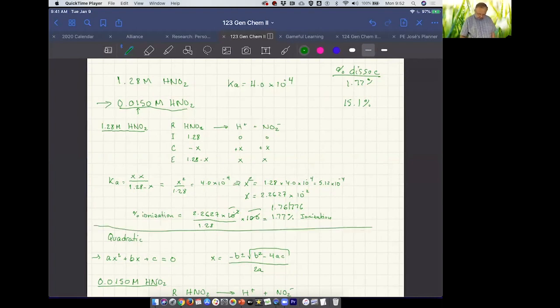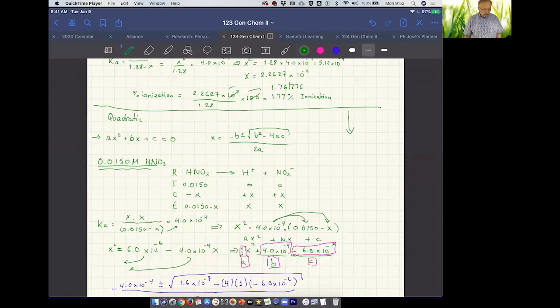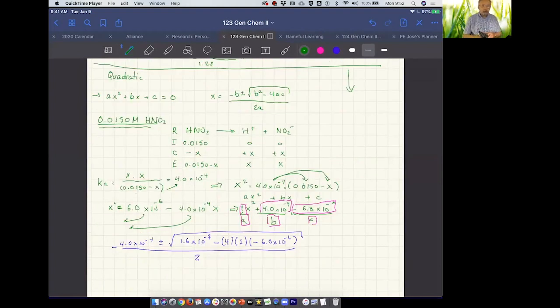The second part, when we used the more diluted solution, we needed to use the quadratic equation. The quadratic equation is a pain. If you can learn how to use one of these calculators, TI calculator, you can program your calculator to solve the quadratic equation.